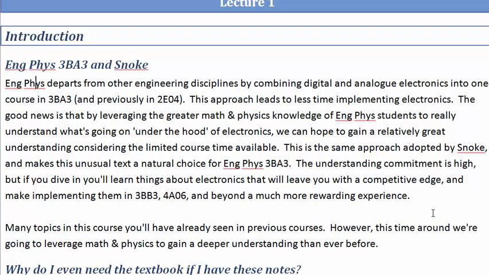So this is kind of the fundamentals, the regular circuit stuff. Next term, it's mostly a project course, and even more useful is this is going to help you get to the fourth year design project course 4A06 with a lot of background information that's quite useful. Probably more than any other course, 3BA3 and 3BB3 prepare you for 4A06.